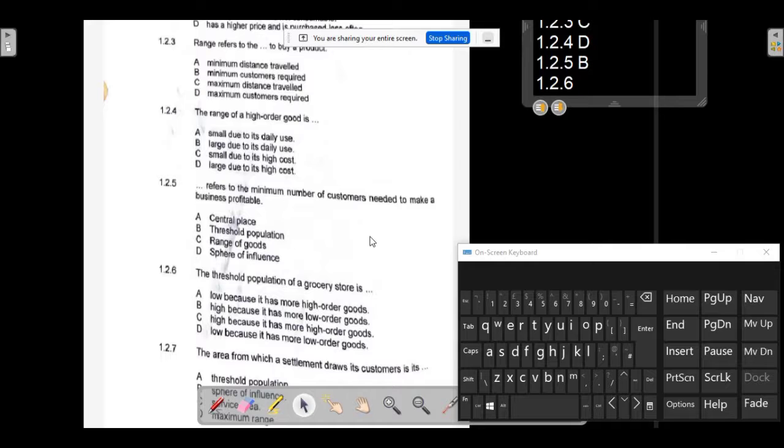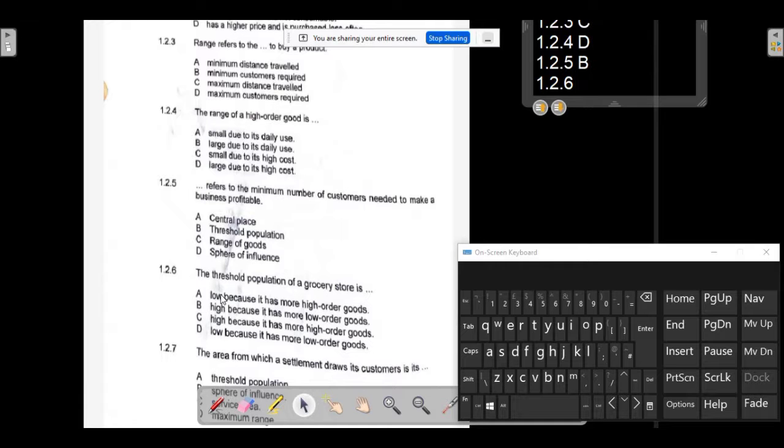Then 1.2.6 says the threshold population of a grocery store is. Threshold population, again, is the minimum number of customers needed for a business to be profitable. So for a grocery store, how many people does it need? Does it need a huge number of people?